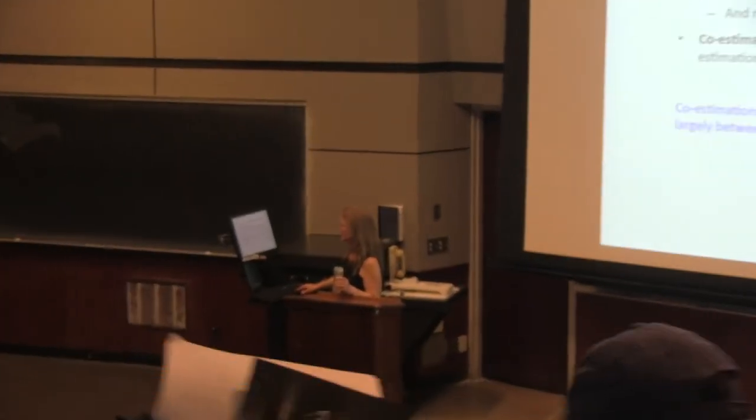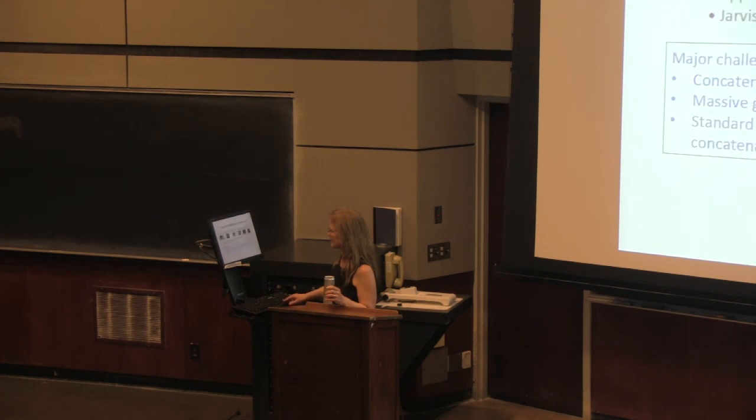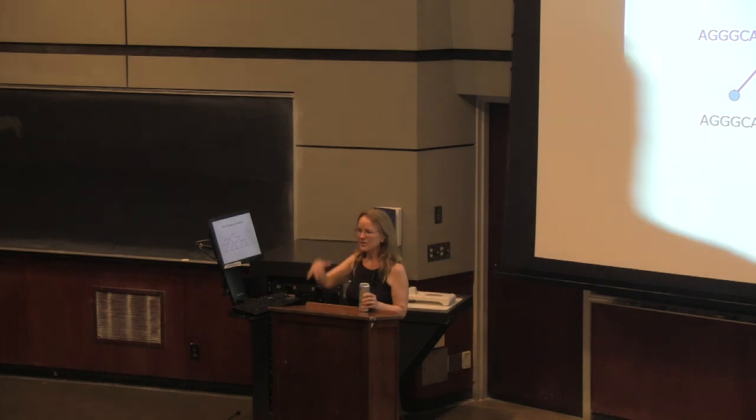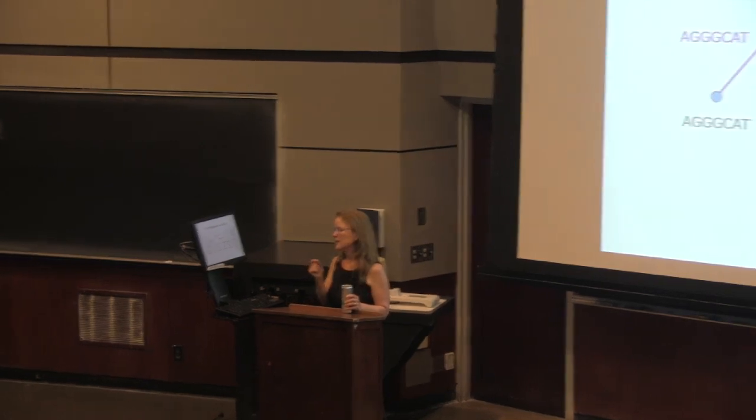So let me just go back to the very beginning. The classical phylogeny problem is you have DNA sequences that have evolved down a tree, and you're trying to get the tree. You take a mathematical model of evolution, and you look for the maximum likelihood tree.